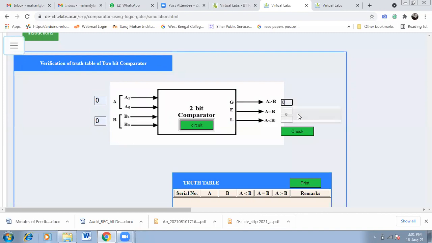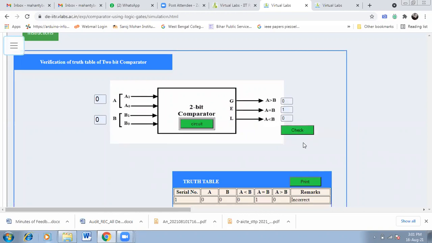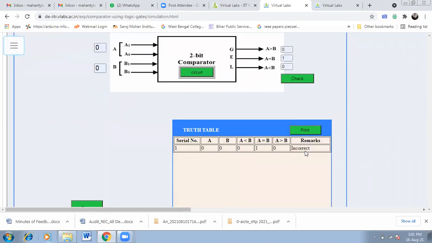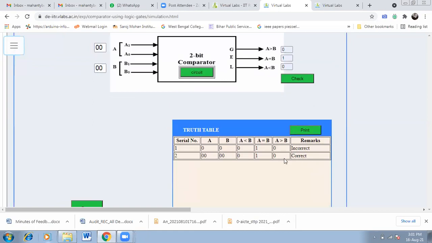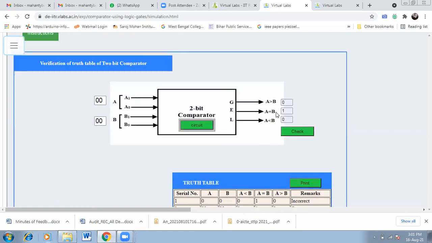In that case, you put here 0, here 1, again here 0. Now if you check it, that will give you wrong. That's why you have to use 2 bits here, 0, 0, because A0 and A1 are there, and B 0, 0. Now see, A and B are the same. Now check it. Correct. Because A is equal to B, that should be 1 because both the inputs are the same.